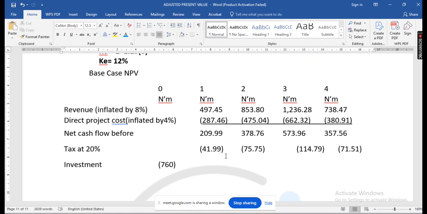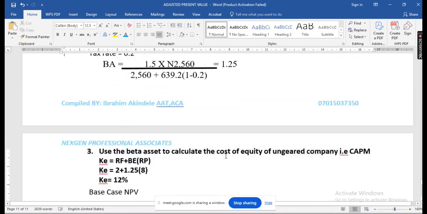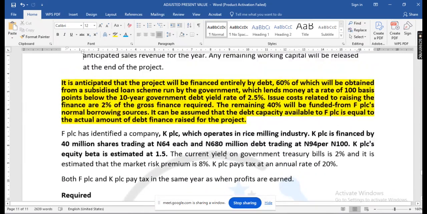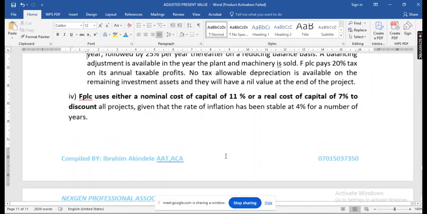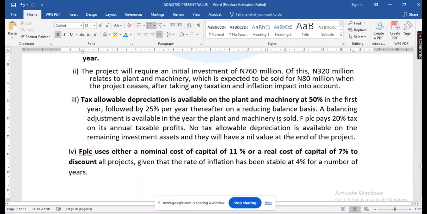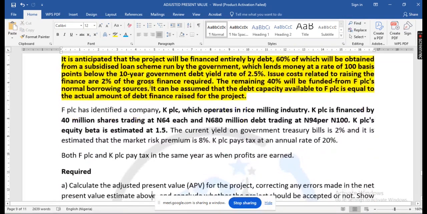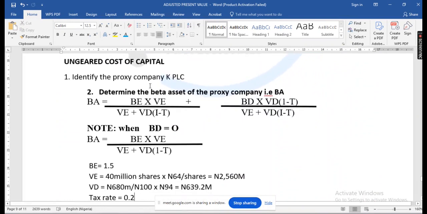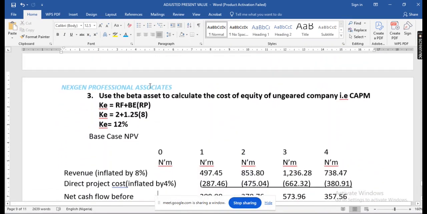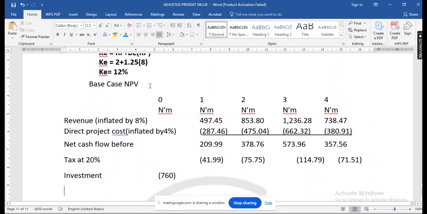Of course, that is what is being stated, right? At the end of the year, it was sold at 80 what? At 80 million when the project ceased. When the project ceased is at the end of year 4, class. Because at the end of year 4, you will not continue the project. And that is what it means.